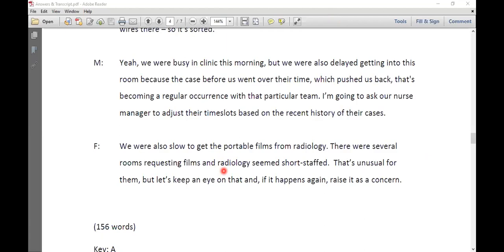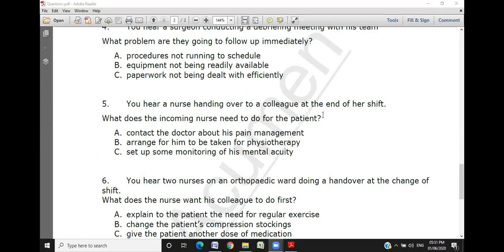Try and highlight keyword from each question as well as answer choices. Okay. So we are going to do this 5th question now.